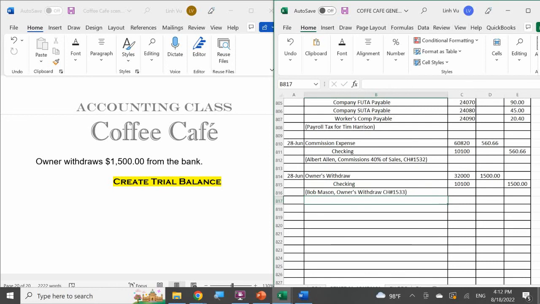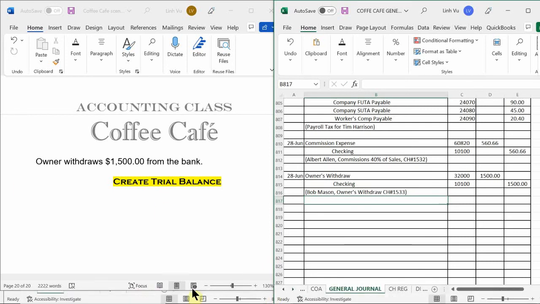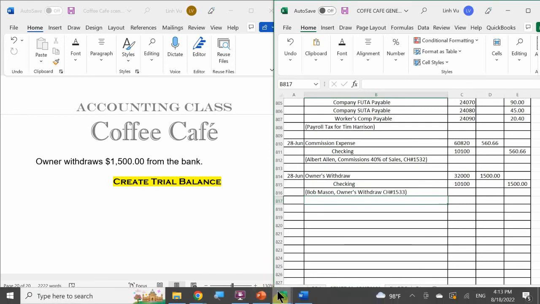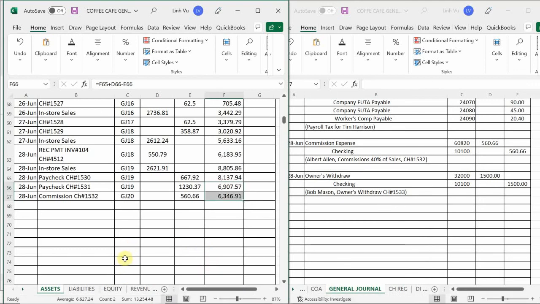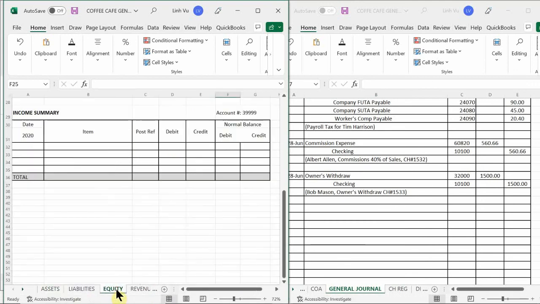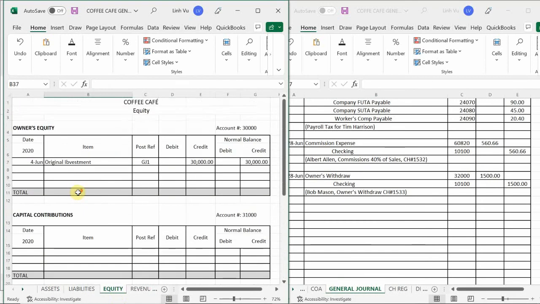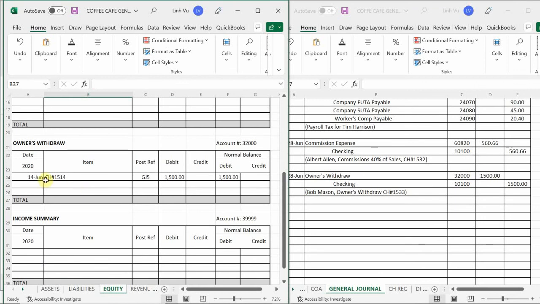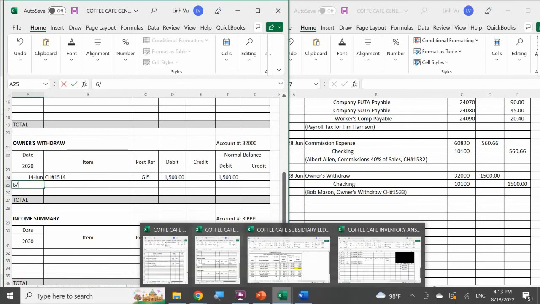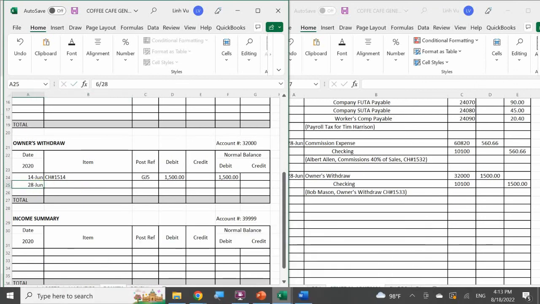Okay, so let's go ahead and enter those last couple entries into our ledger. Once again, we are finally dipping into equity, right? Because Bob decided to take more money away from his company with check number 1533 for another $1,500.